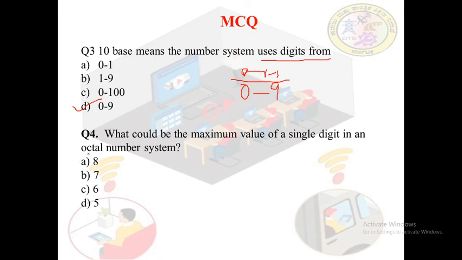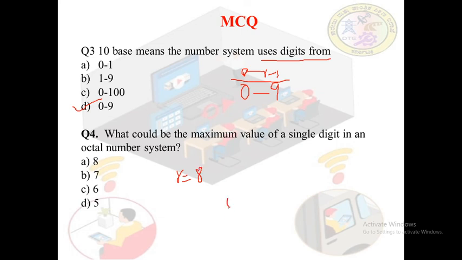Fourth question, what could be the maximum value of a single digit in an octal number system? We discussed in our session the maximum value of a single digit in the octal number system. We have octal number system, base r is 8.